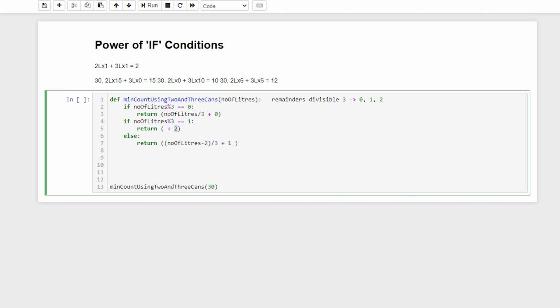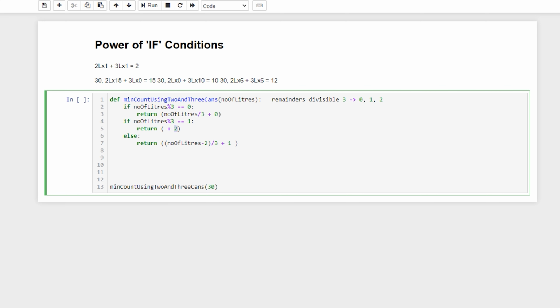Okay. Now assume instead of 4 liters, I am giving 7 liters. So 7 liters, it comes here, false condition. Then it comes here, 7 modulus 3, remainder 1, condition is true. So here obviously in 7 liters, 4 liters are measured using the 2-liter can.